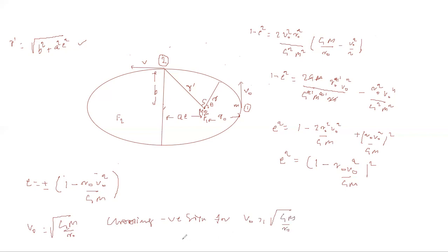So the formula for eccentricity we have then, if we choose the negative sign and open up the bracket, E becomes equal to R naught V naught square over G capital M minus 1. Now this indeed is the expression for eccentricity of planetary orbits.